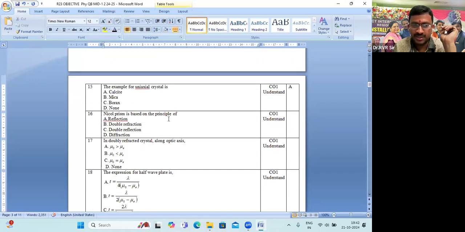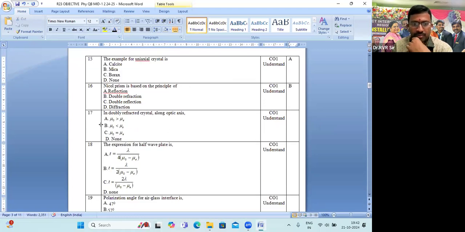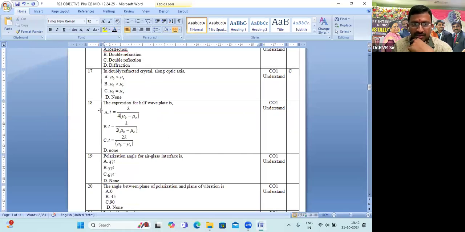Now Nicol prism is based on the principle of double refraction, that is option B is the right answer. You can check the answer. It is option B. Now in a doubly refracting crystal along the optic axis, the refractive indices are equal, hence the option C is the right answer.